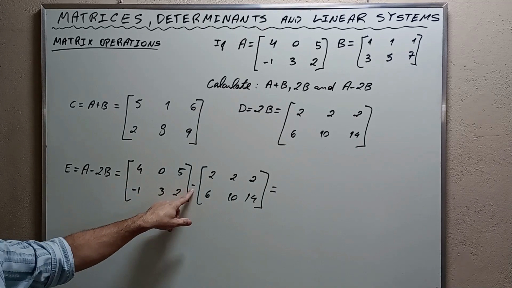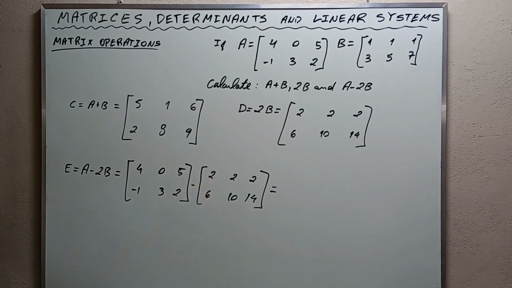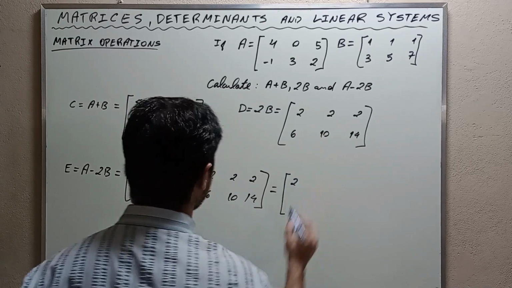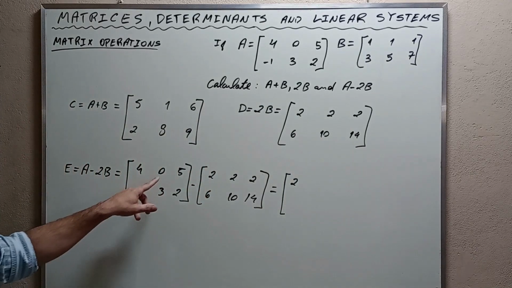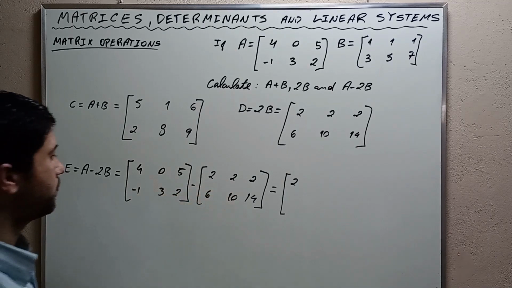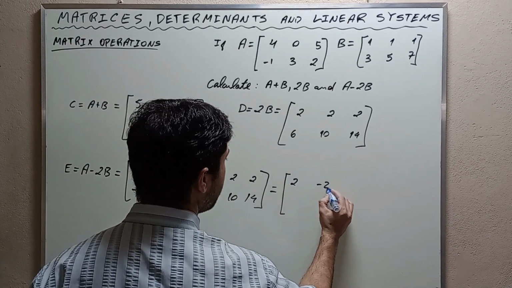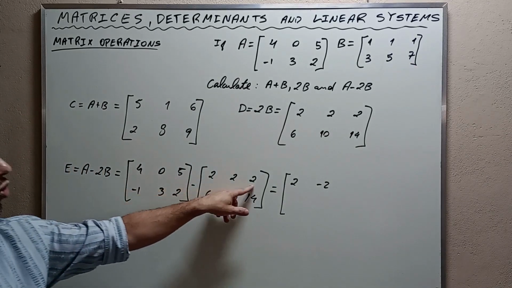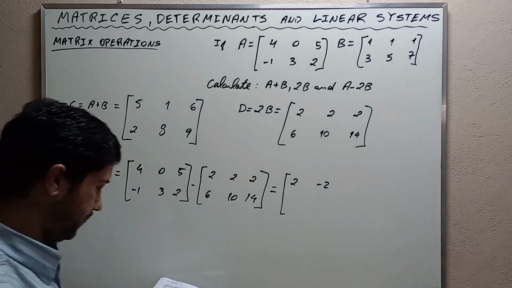4 minus 2 is 2. 0 minus 2 is negative 2. 5 minus 2 is 3.